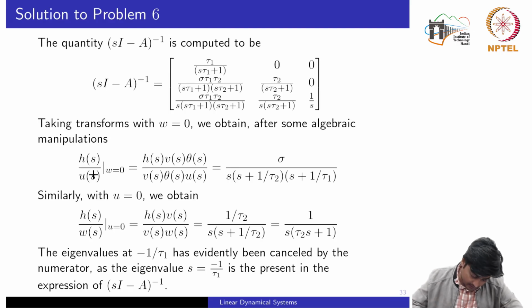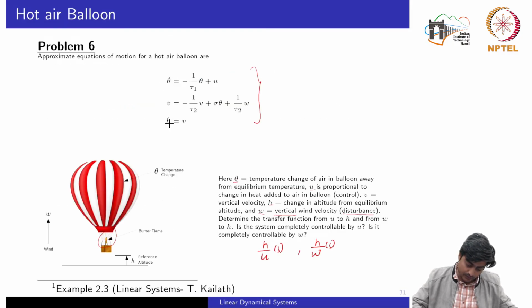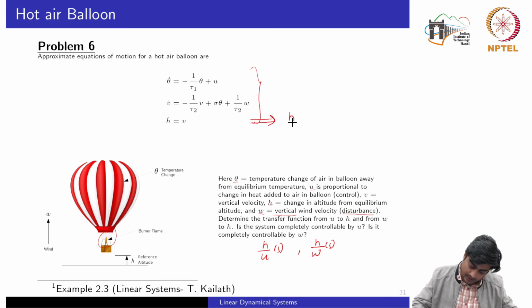Okay, so in a similar way we have done here, computing H by U by putting w equal to 0. Since three equations were involved, we have computed H by V. See here. So from here I can compute H by V, which would be basically an integrator. From here I can compute theta by U, the transfer function, again by considering the initial conditions equal to 0.